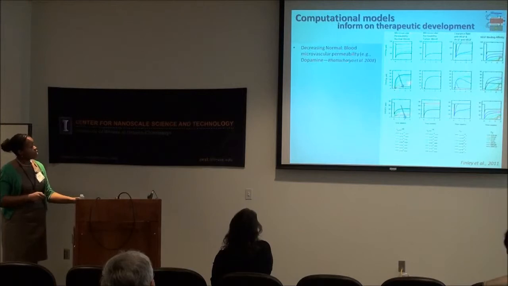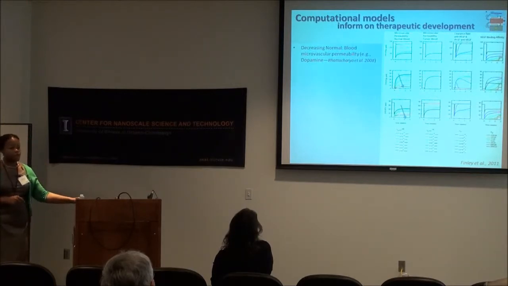So a couple of the things we've looked at are how microvascular permeability changes, so maybe targeting microvascular permeability between normal tissue and blood, as well as tumor and blood, and how that would affect free VEGF levels. And if you look at these two panels here, by decreasing microvascular permeability in the blood as well as in the tumor, you would actually see significant decreases in VEGF levels.